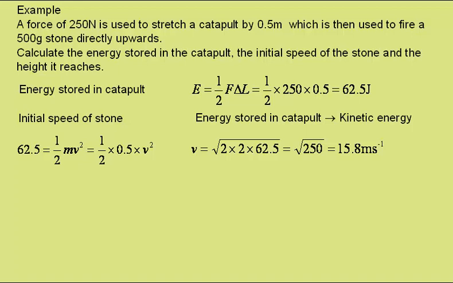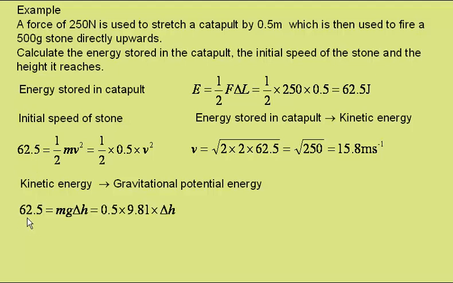Finally, we're asked to find the height the stone reaches, and conservation of energy helps us again. In this case, the kinetic energy of the stone will become gravitational potential energy as the stone gains height. At the top of its climb, it will have no kinetic energy, and therefore the whole of its energy will become gravitational potential energy. That is still our 62.5 joules.